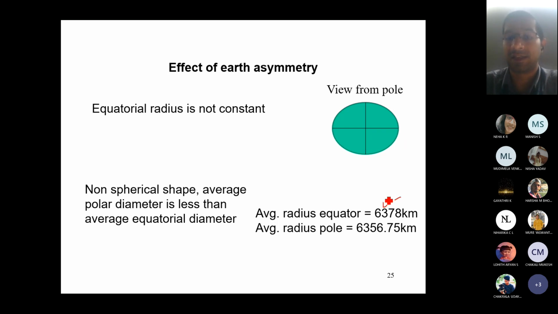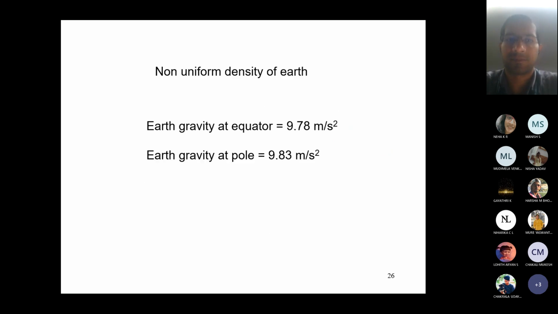In reality there are differences, and if you do the same calculation using a different radius value, then you will definitely obtain a different result. Hence, there are slight deviations in the orbital parameters. What we are calculating and what we are really getting are slightly deviated.